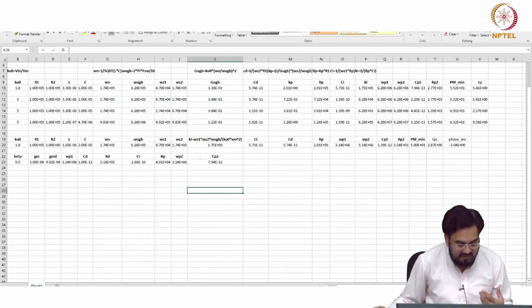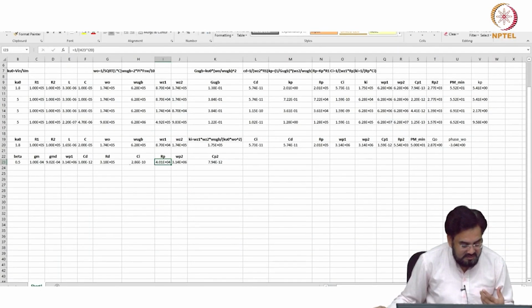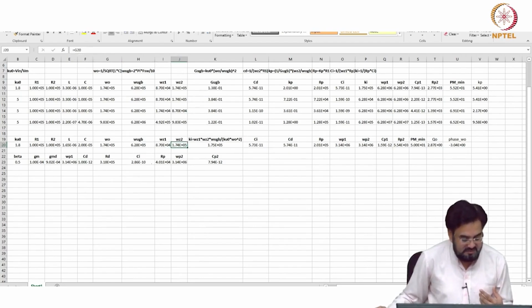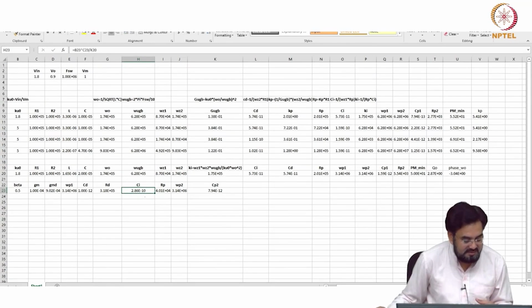So these are the values I have calculated. Omega Z1 is half of your omega naught. Based on that I have calculated the CI that will be required there.